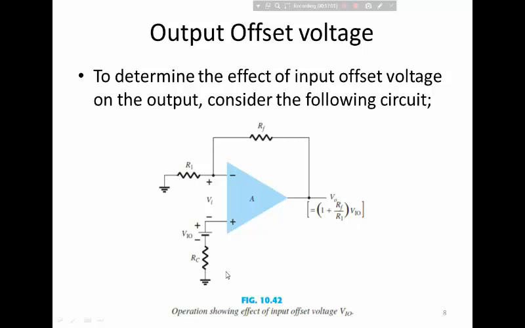in which you can see that both inputs of the op-amp are grounded, that is, no input is applied on either the inverting side or the non-inverting side. But an internal offset voltage that appears between these two input terminals is defined here with this voltage source, and that is the input offset.